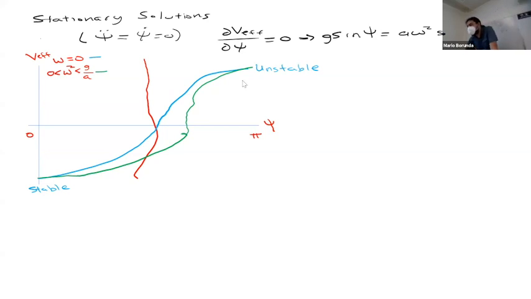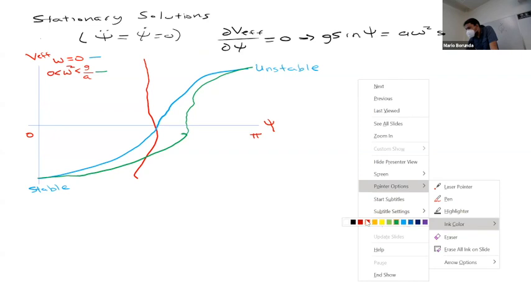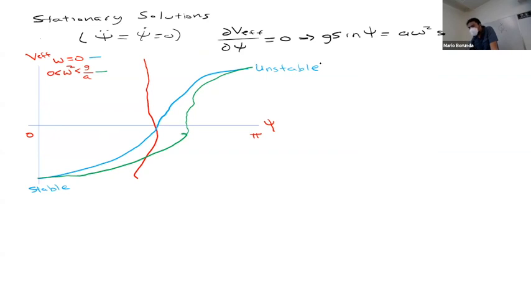And the final thing that I want to show you with this one, let me do it in orange. If we have that omega squared is bigger than g over a, we're going to get that this actually becomes a loop around here. And then it does this, just like before. So for the green one, this is stable, this is unstable.